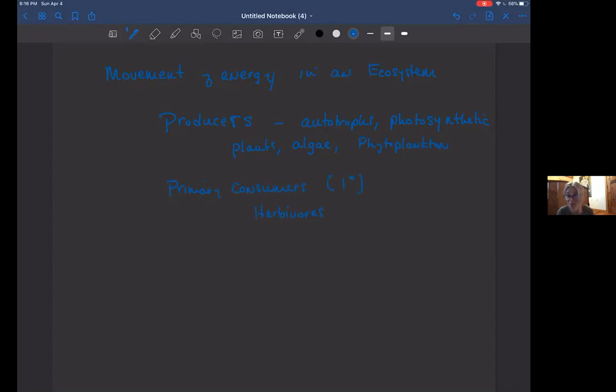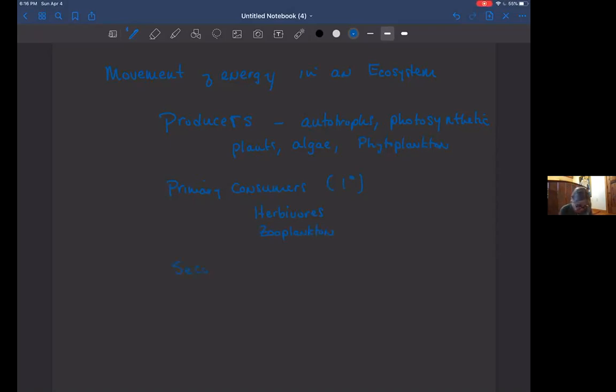Deer are herbivores, but also those animals that eat the phytoplankton, like the zooplankton in the ocean. These are microscopic, small, like maybe even krill or small shrimp or small crustaceans that consume the algae. So those are the primary consumers.